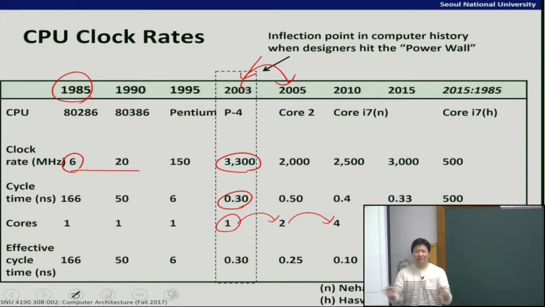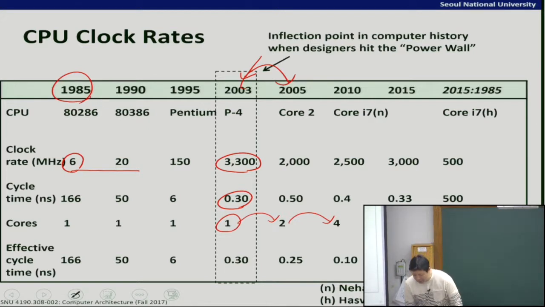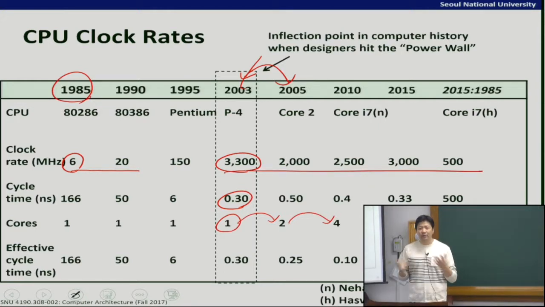We keep scaling the number of cores. So we actually now enter the multi-core era, with multiple cores on a single chip to improve performance, while the CPU clock rate is kind of saturated. It's staying around the 3 to 4 gigahertz range. In mobile, your mobile CPU is running at 2 gigahertz or 2.5 gigahertz and so on.